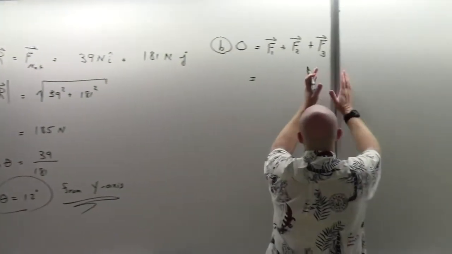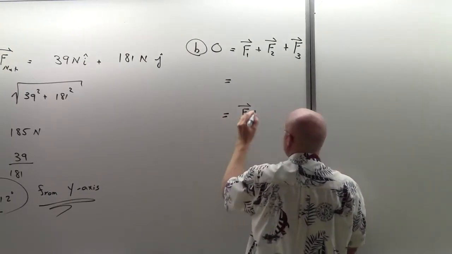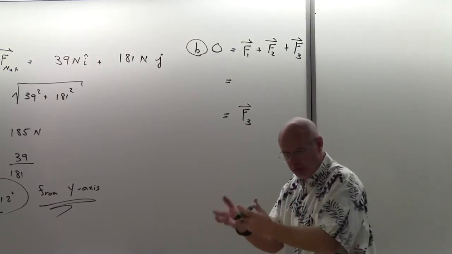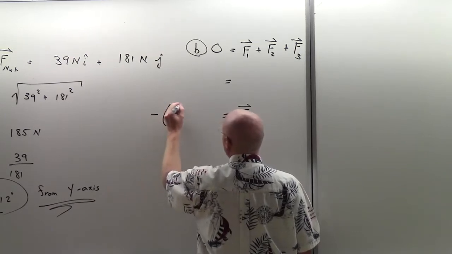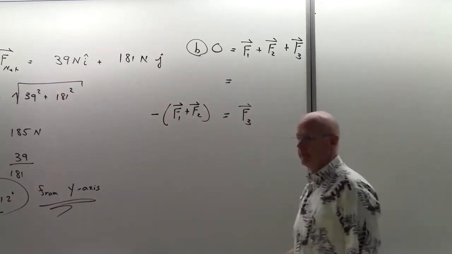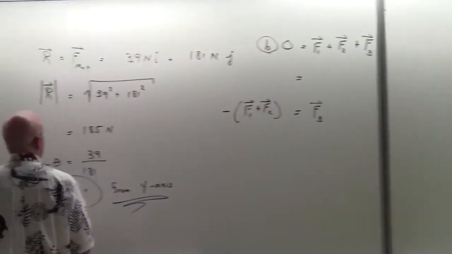So basically what you're saying here is that force number 3, the force needed to keep the mule from moving, would be the negative of 1 and 2 put together. And 1 and 2 put together I've already done here in part A.